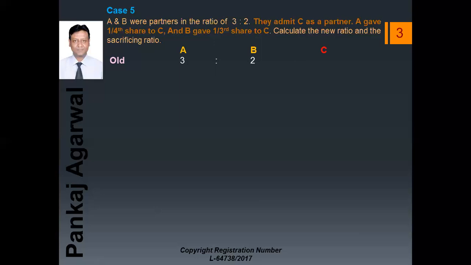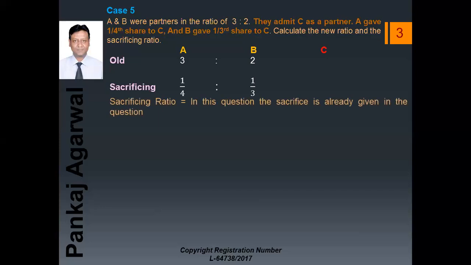The old ratio of A and B was 3:2. Now the sacrificing ratio is already given, that is 1/4 of A and 1/3 of B. Now, as in this question the sacrifice is already given, the new ratio will be calculated directly, which is old ratio minus sacrificing ratio. Here A's old ratio is 3/5.